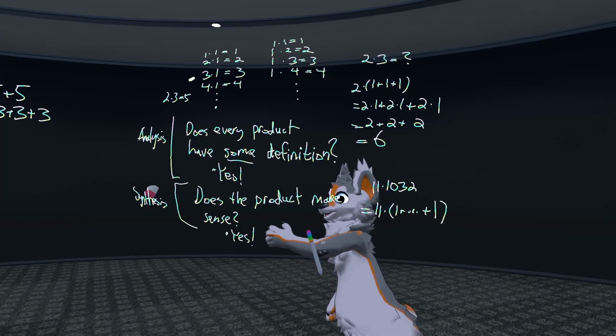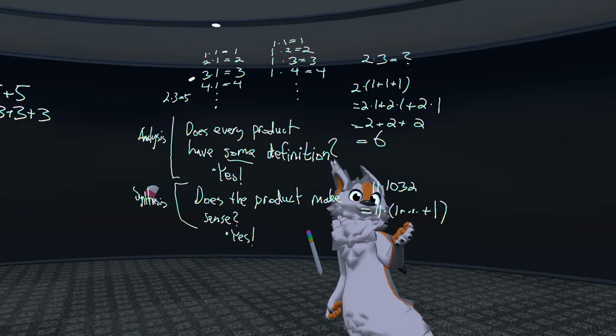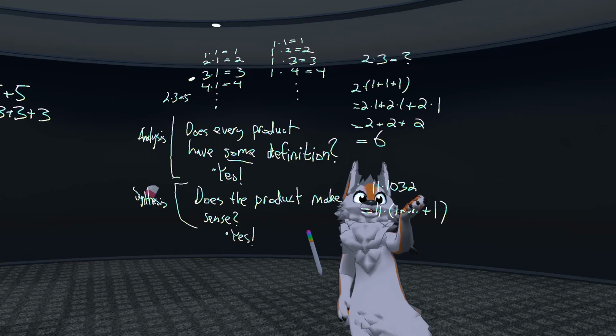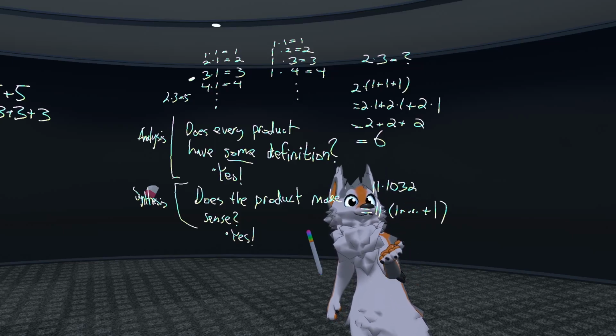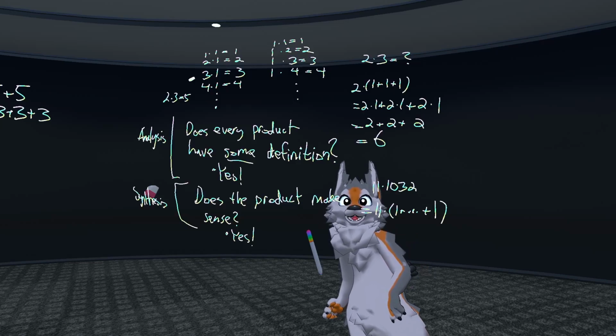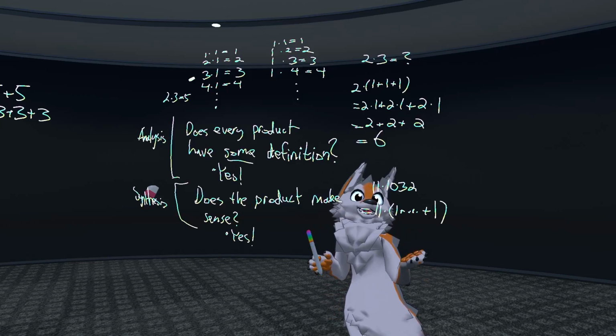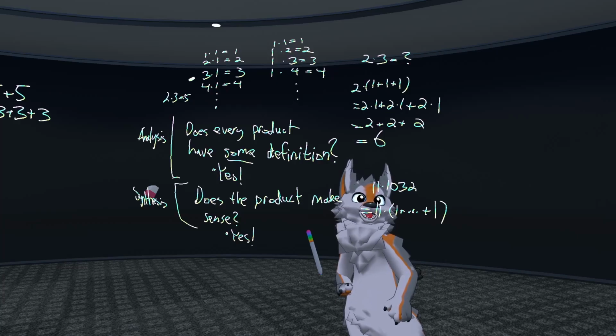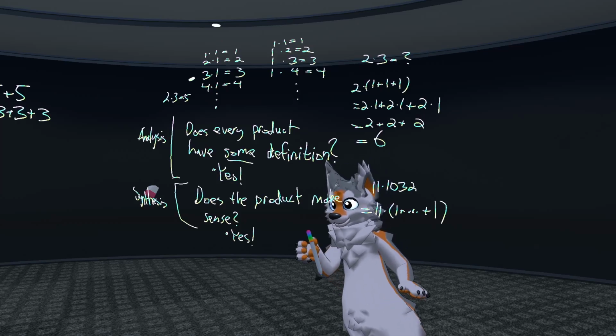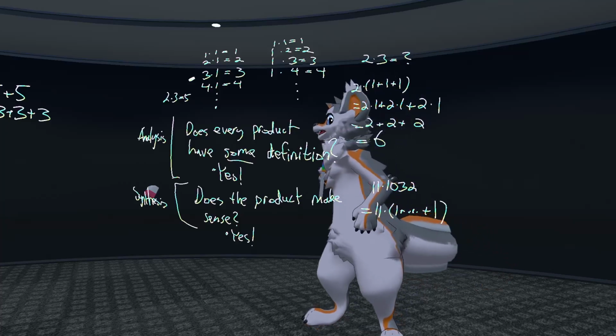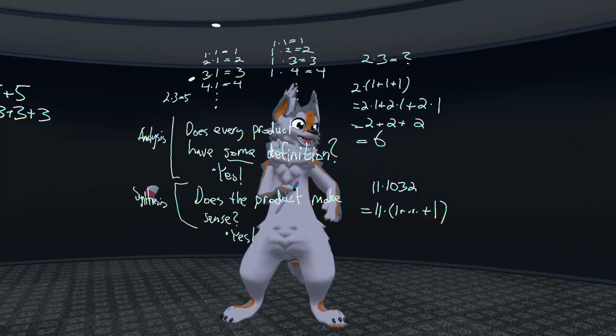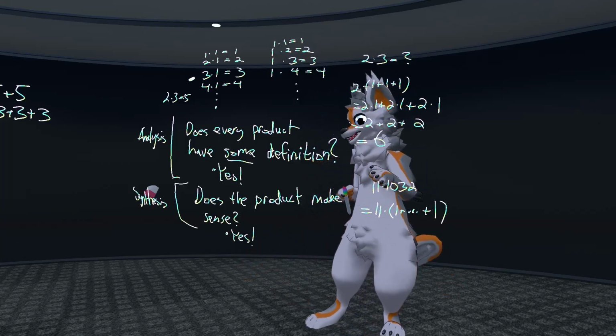Then we should also ask, is there only one reasonable definition for a result like this? And if you think about it, maybe you might be convinced that everything's fine, right? Now, I'm not going to bore you with all the formal details, but that's the idea.